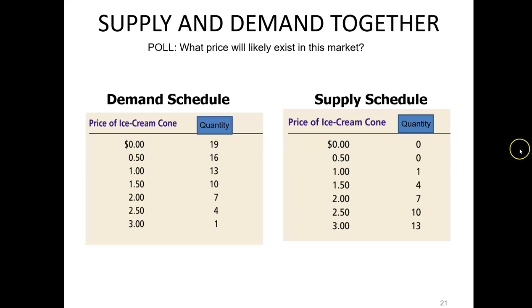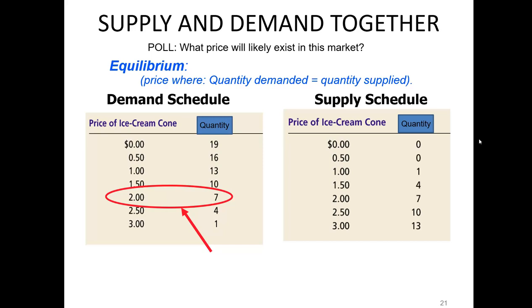These are millions, right? The bottom line is the poll asks what price, given this is demand currently, and given that this is representation of supply currently, what price is the price that's most likely to exist? And hopefully you come to the logical conclusion that given this demand and this supply, the price that will likely exist is $2.